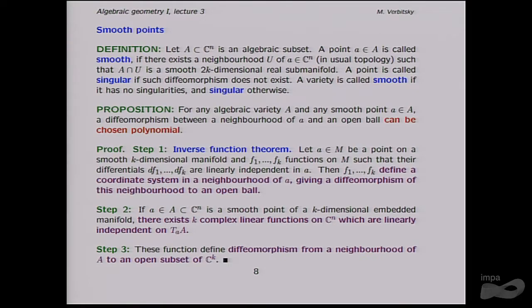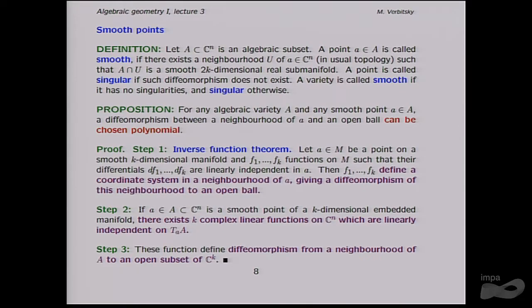Manifolds are topological spaces which are locally homeomorphic to a round ball in Rn. This is manifolds, but typically people study smooth manifolds.